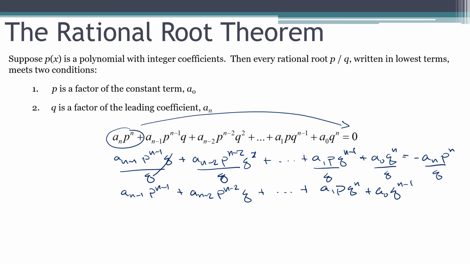Excuse me, this is not q to the n, this is q to the n minus 2. There we go. I had a feeling that was off. Plus a0 q to the n minus 1, equals negative a n p to the n over q.